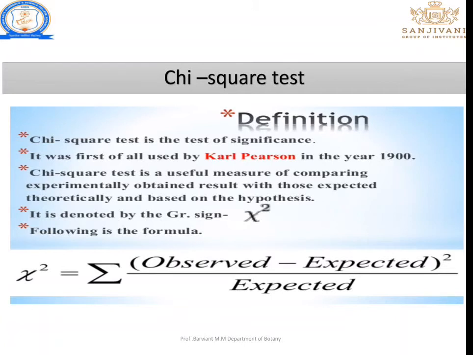Chi-square is equal to the summation of observed value minus expected value, squared, divided by the expected value. That is the formula of the chi-square test. If you do not remember the definition of the chi-square test, you can simply write the formula and you can get marks.